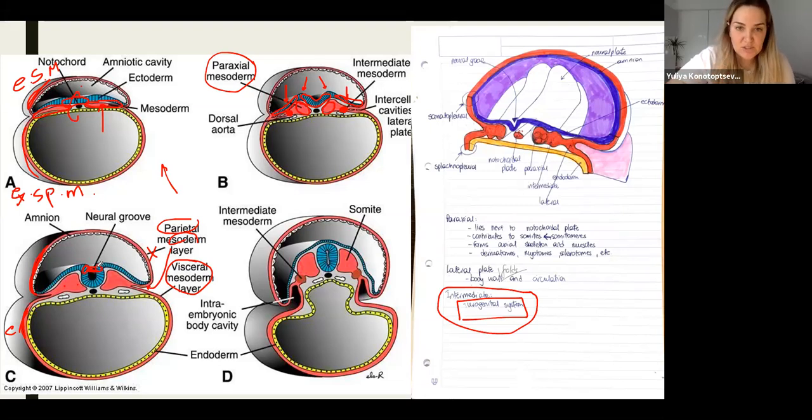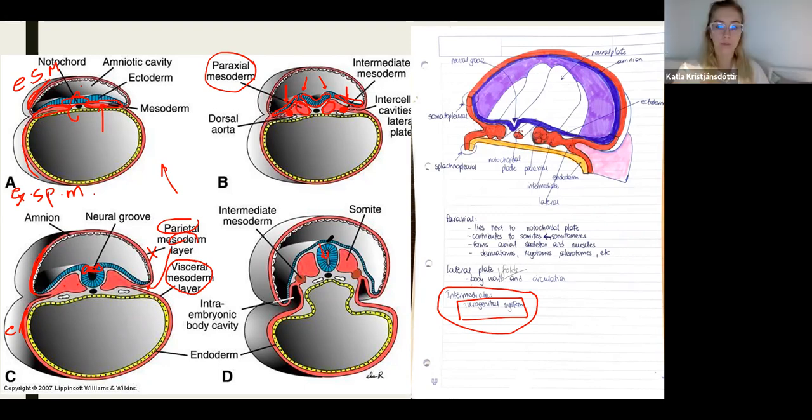But notice that neural tube should not only be made, it should also detach from the rest of the surface ectoderm, as on this picture. So if I show it on a piece of paper, this is your ectoderm, right? This is the neural plate, surface ectoderm, surface ectoderm. You did something like this. How do we call this structure?